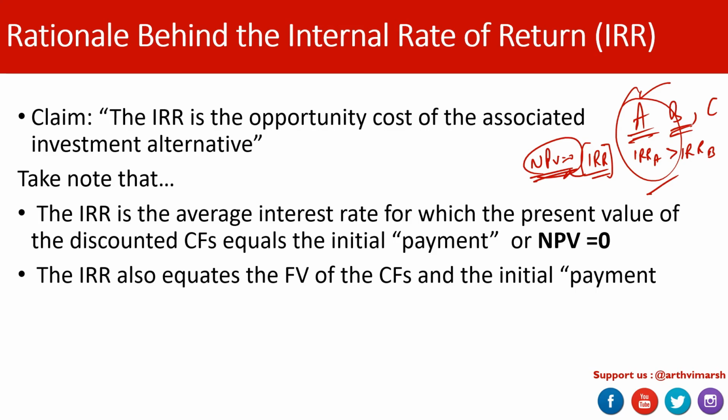This is how you should be interpreting this. B and C are offering relatively lower internal rates of return, so that's why we are not favoring them over A.